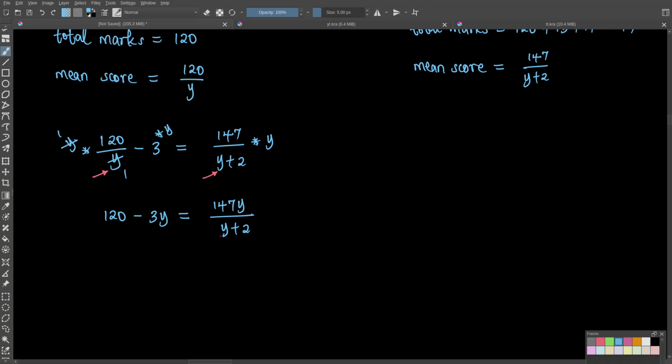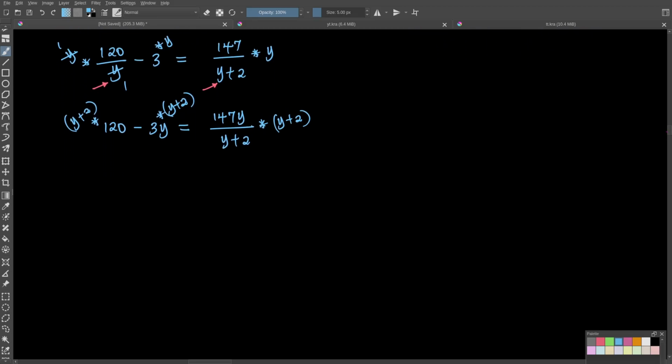Now let's get rid of the Y plus 2 denominator. Again, we multiply each term by Y plus 2. For the first term, we have 120 into brackets Y plus 2.